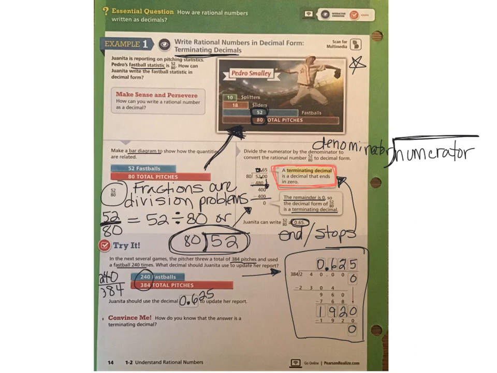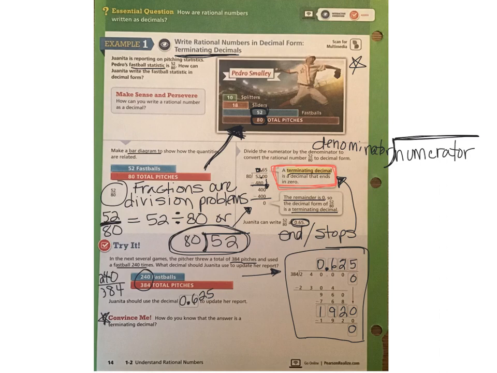Now let's take a look at the convince me. How do you know that this answer is a terminating decimal? So what is the key here? Well, go back up to where you see the terminating decimal vocabulary word in the red box at the top of your page.